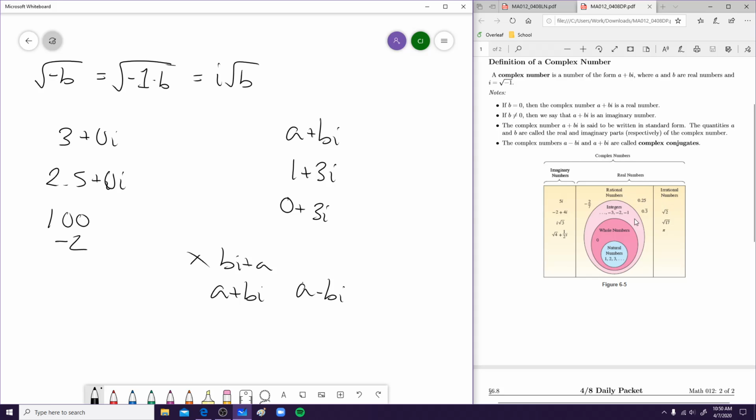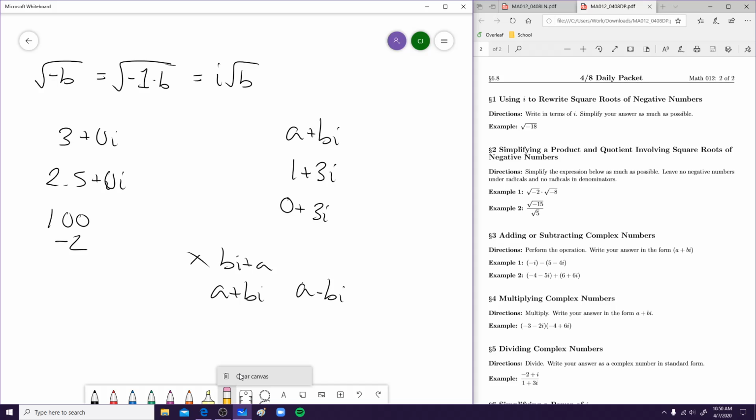And for the real numbers, we talked about it the first day of class, and we talked about little subsets, like how natural numbers are smaller than whole numbers, which is smaller than integers, and then the real numbers are broken up into rational and irrational numbers. All rational numbers also include integers, whole numbers, and natural numbers. So if you guys have any questions about this, you can ask me.